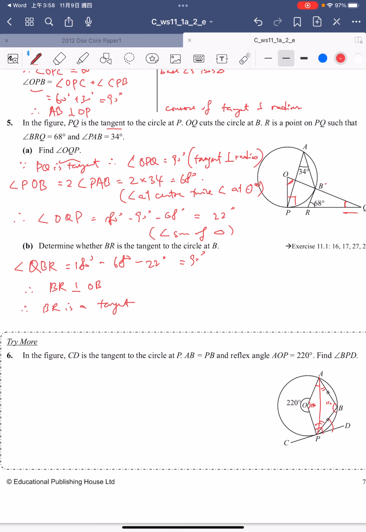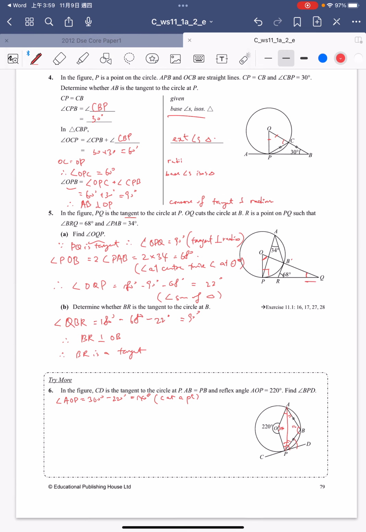So what we can say is, the angle AOP is equal to 360 minus 220, which is equal to 140 degrees by using the angle at a point.